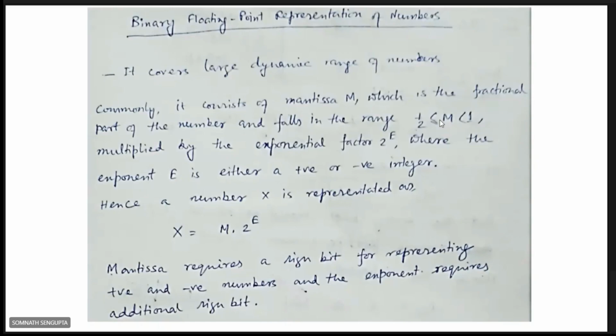It may be positive or negative also. If it is a negative number, then it would have a 1 there. So 0.1 represents plus 1 by 2, and 1.1 represents minus 1 by 2.